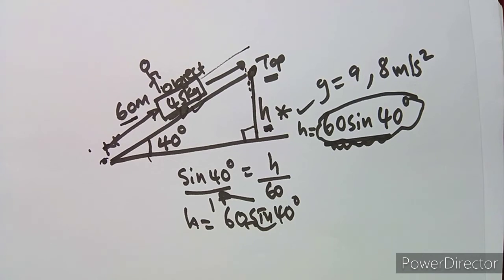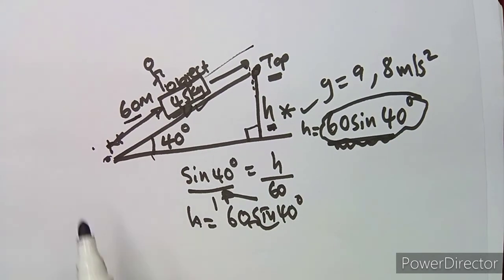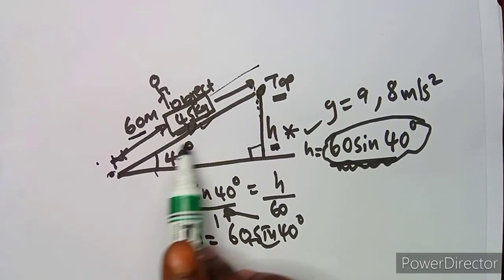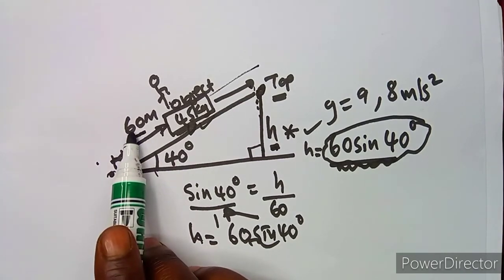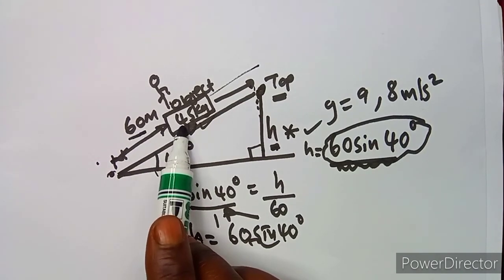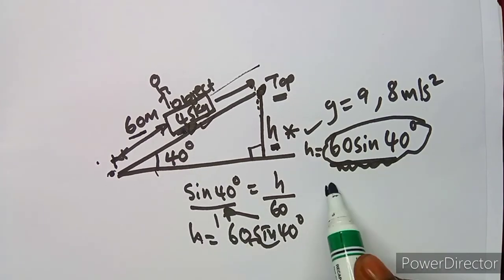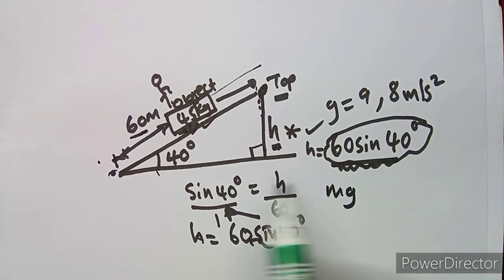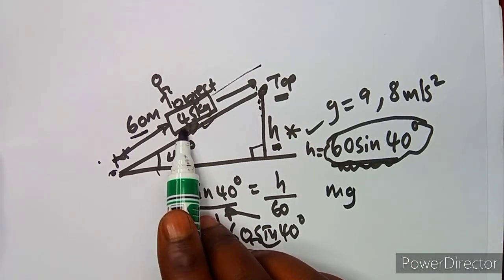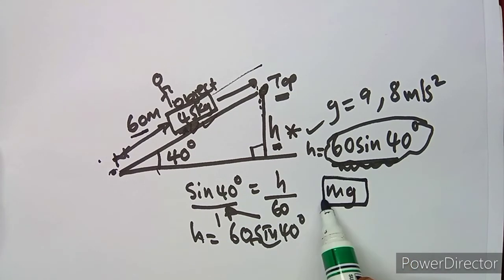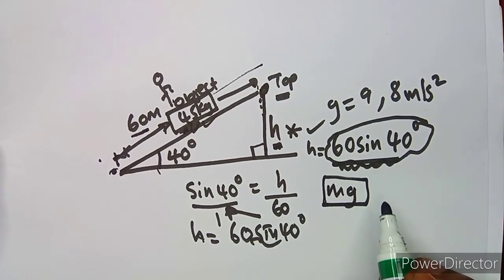We know that momentum is force times distance. The force is going to be the weight, which is mg, mass times the gravitational acceleration. Then we need the distance.